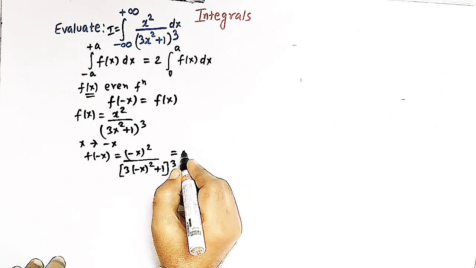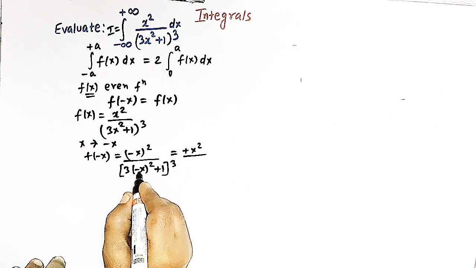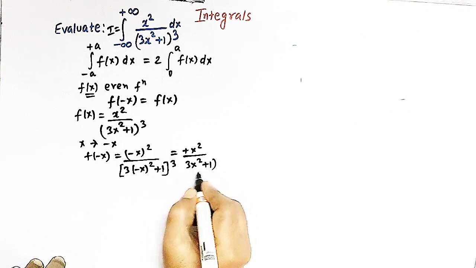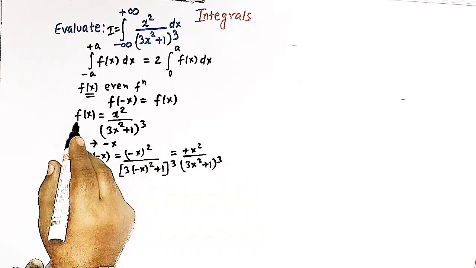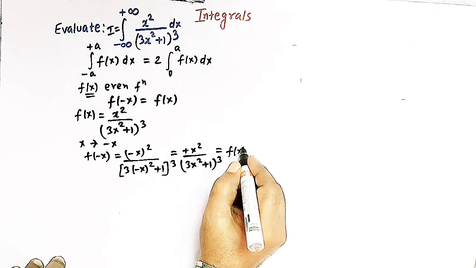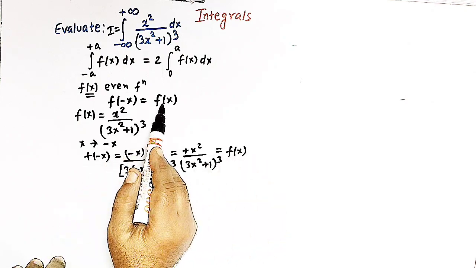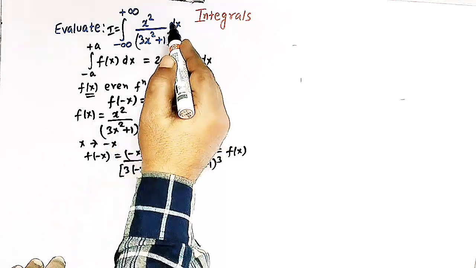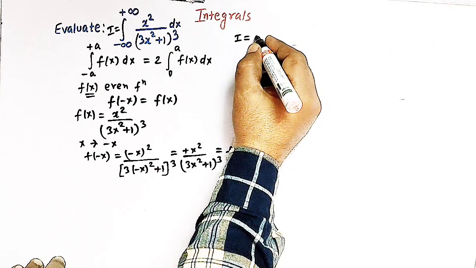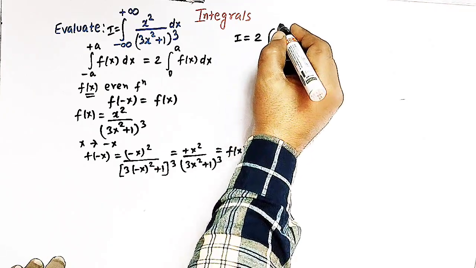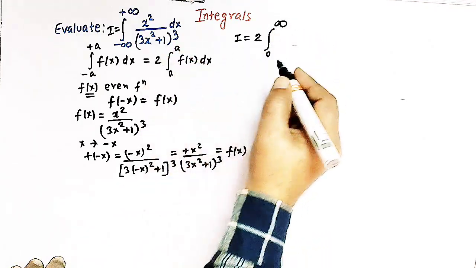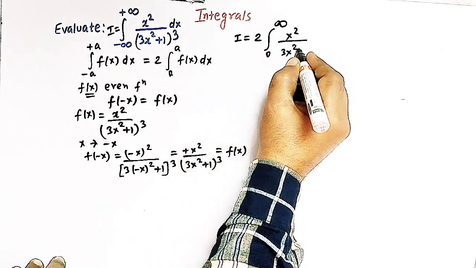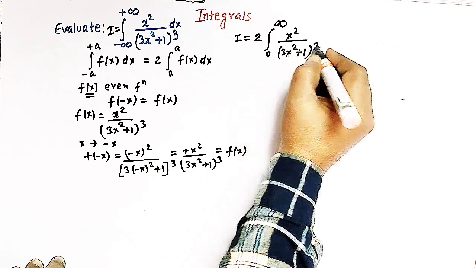Minus x square is a positive x square, so this is x square over (3x square plus 1) cube, which is our f of x. So f of minus x equals f of x, and the function is even. Now this integral I can be written as 2 times the integral from 0 to infinity of x square over (3x square plus 1) cube.